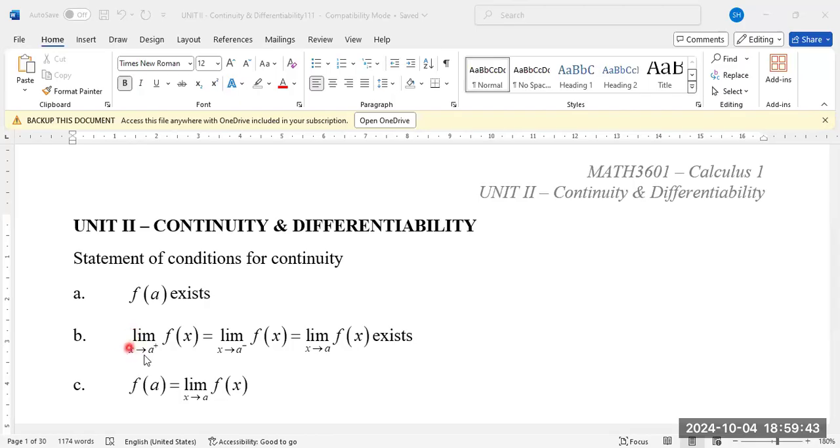So if the limit as x extends to A to the right is equal to the limit as x extends to A to the left, it must be equal to the limit as x extends to A. For the intuitive approach, we said that if the limit as x extends to the right is equal to the limit as x extends to the left, then the limit exists. And the two of them tend to the same something.